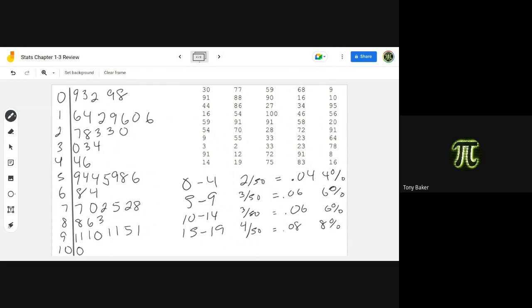And like I said, you can set your bar graph up into the 0 to 9, 10 to 19, just like you did your stem and leaf plot, or you can do it in groups of 5 if you want to do it that way as well. Yes. So for the stem and leaf, I organized all numbers first, and then I did the stem. That's fine. The stem and leaf plot that I have on my screen right now is not what I want to see.